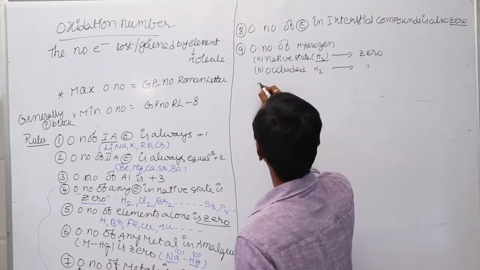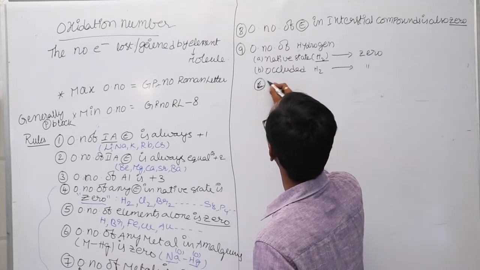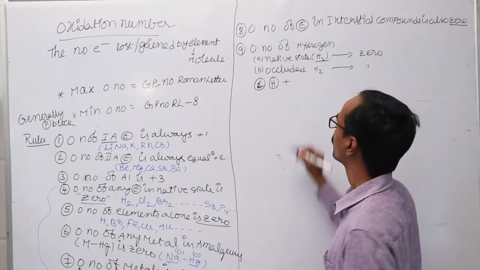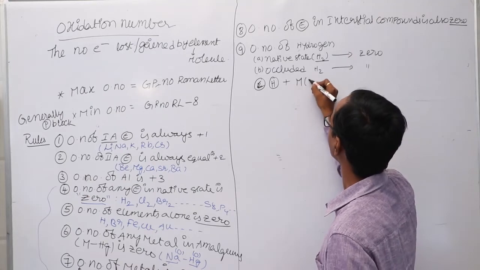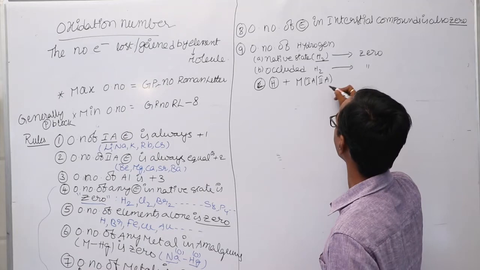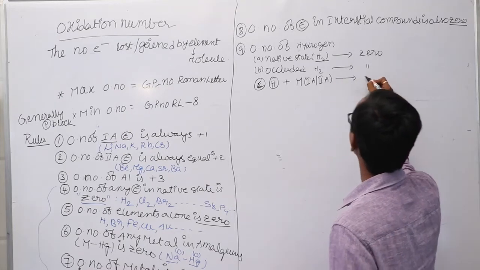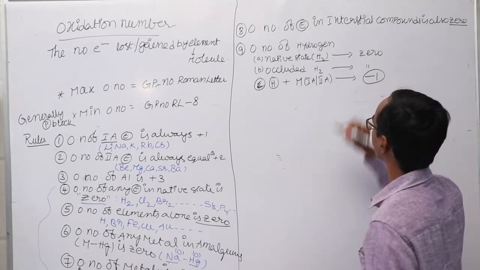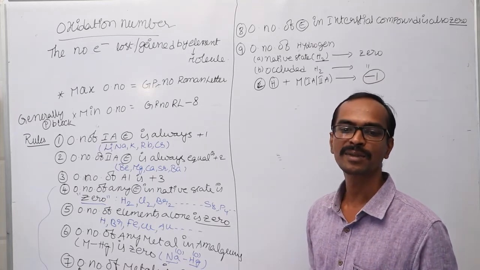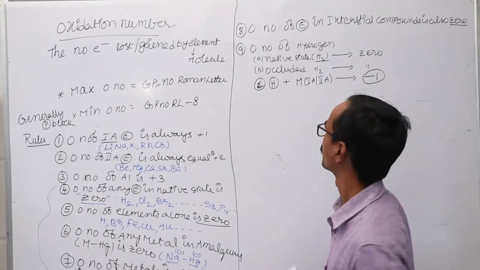Next, when hydrogen combines with the metals, that means either with 1A group elements or 2A group elements, then it exhibits a -1 oxidation state. When hydrogen combines with metals, it exhibits which oxidation number? -1 oxidation number.